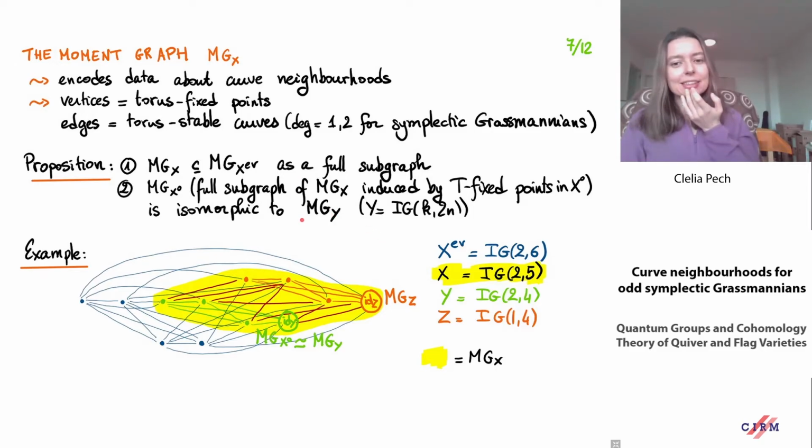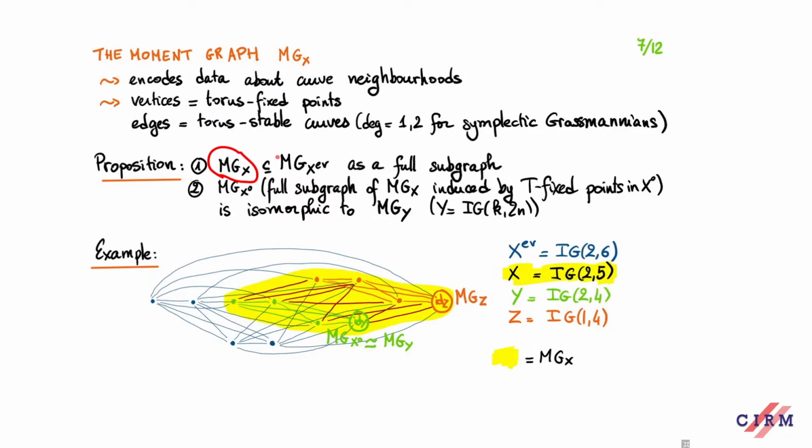And it so happens that the moment graph for the odd symplectic Grassmannian, so X, is just a full subgraph of the moment graph of the larger symplectic Grassmannian. So in the picture, my labeling is not perfect.